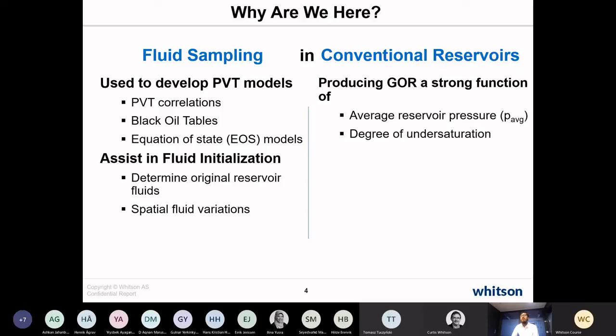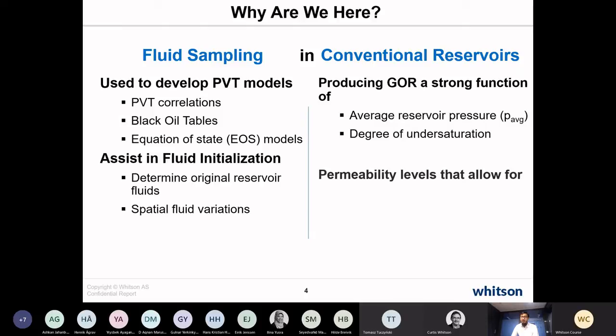We have seen these PVT properties before. If we have a single phase reservoir fluid and we are producing that fluid and only the single phase fluid is going into the wellbore, we will be producing at constant GOR until we reach the saturation pressure in the reservoir.